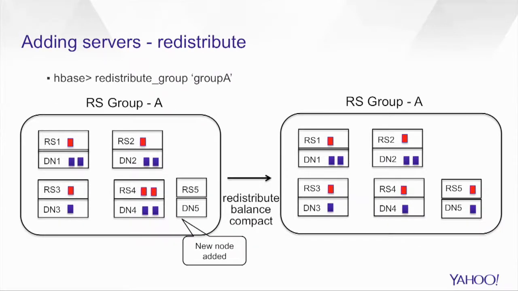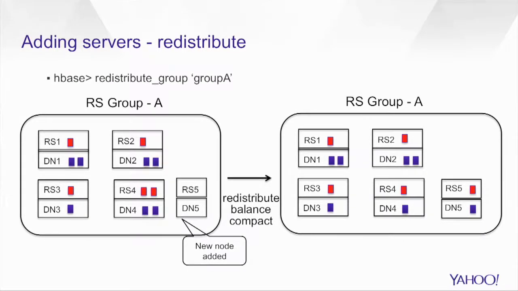Once you do a redistribute, it understands that RS5 is underloaded, and RS4, which has two regions, is overloaded. So it takes from overloaded servers and creates favored nodes from underloaded servers. One of the regions will actually have RS5 as a favored node.